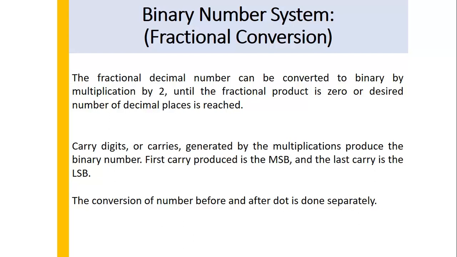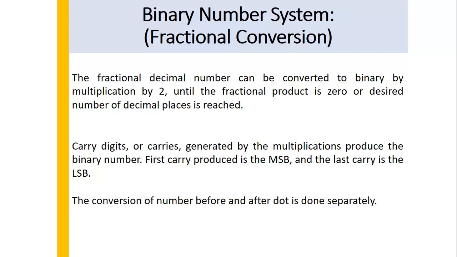If you remember, when we convert a normal decimal number into binary, we use remainders. But while converting a fractional decimal number, we use carries. The first carry produced is the MSB, the most significant bit of the fractional binary number, and the last carry is the LSB, the least significant bit, that is the rightmost bit of the binary number.